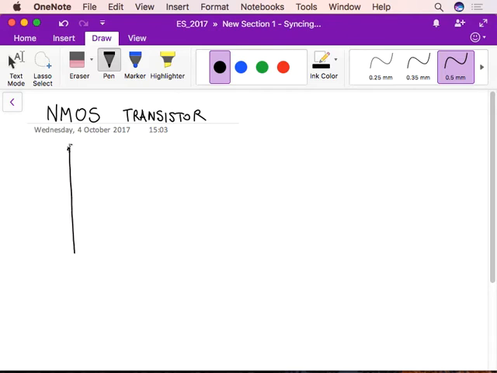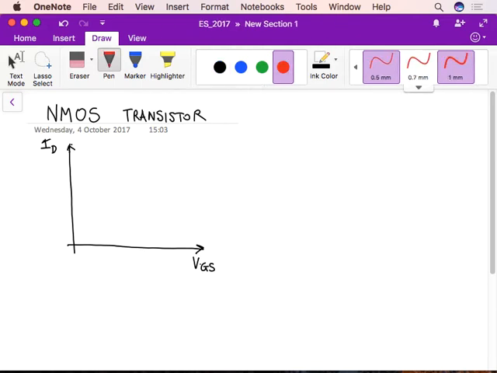So we need to plot the current ID as a function of the gate to source voltage for a constant drain to source voltage. So as you know, the transfer characteristics has the following behavior.